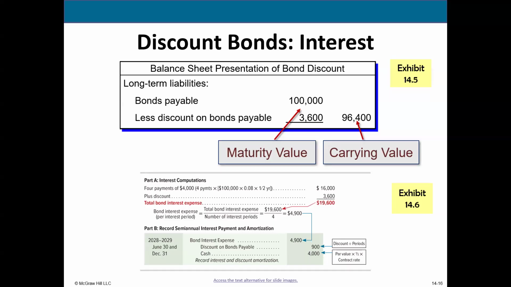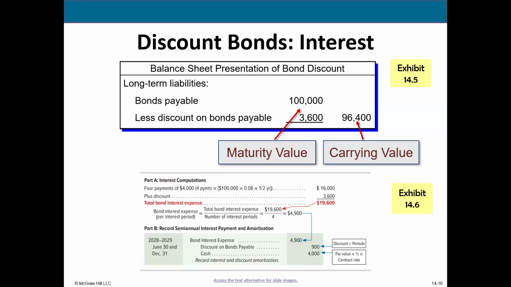Now, the way we calculate the discount on the bonds payable in this case is we would take the discounted amount, in this case the 3,600, divided by 4. And how we found the actual amount of cash that was paid out, we took the par value of the bond, which is the 100,000, times the interest rate times time to get us to the 4,000.